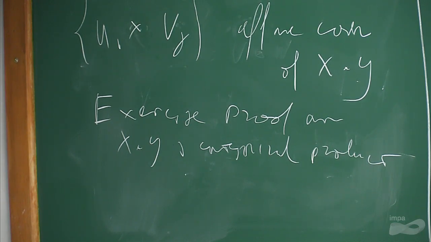Okay, the important thing is that the Segre variety is the product of two complex projective spaces.